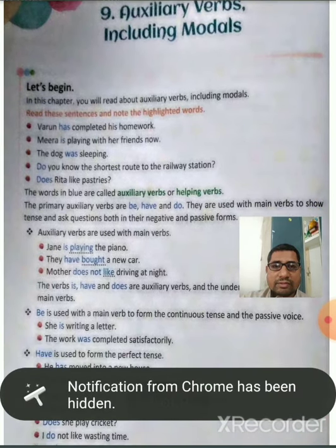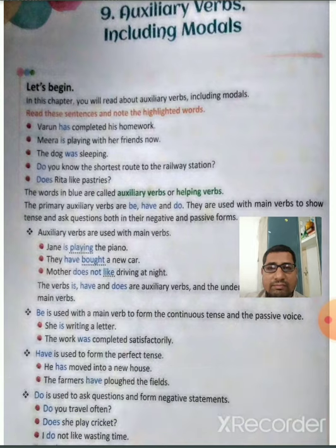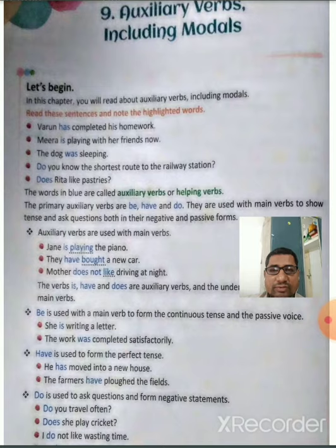Okay, now be is used with a main verb to form the continuous tense and the passive voice. Be means to be forms: am, is, are, was, were, shall. She is writing a letter. The work was completed satisfactorily.